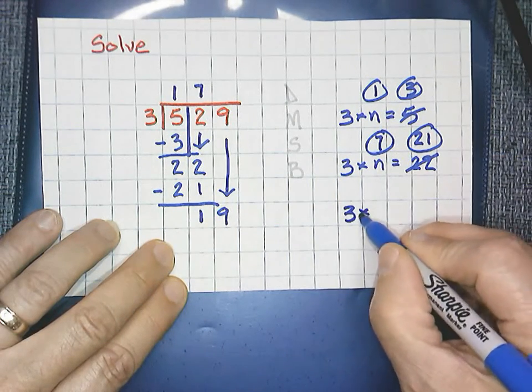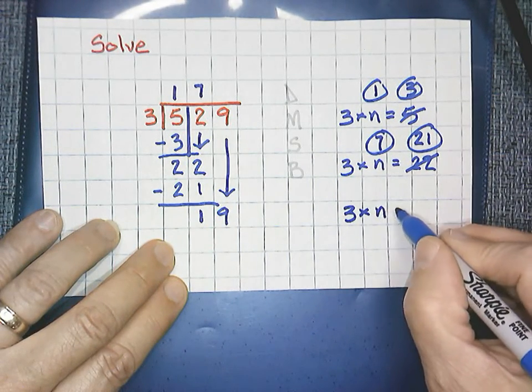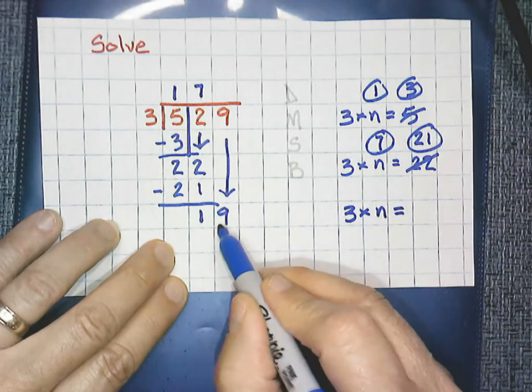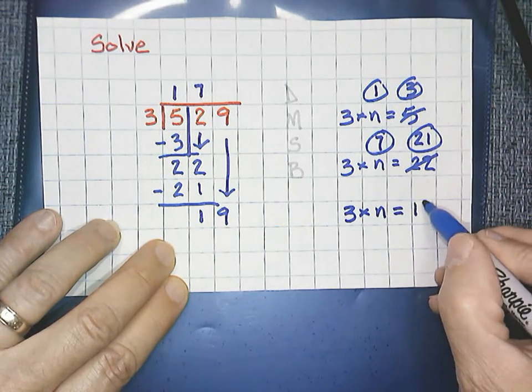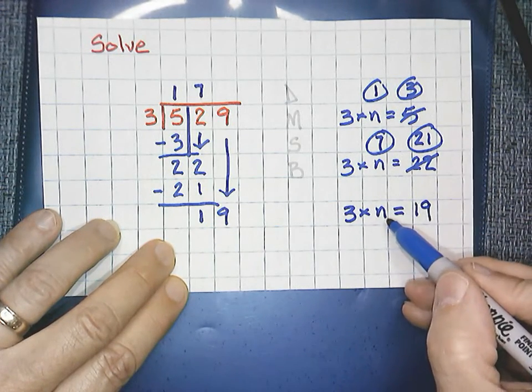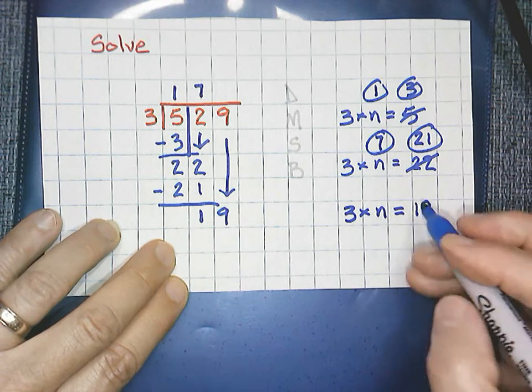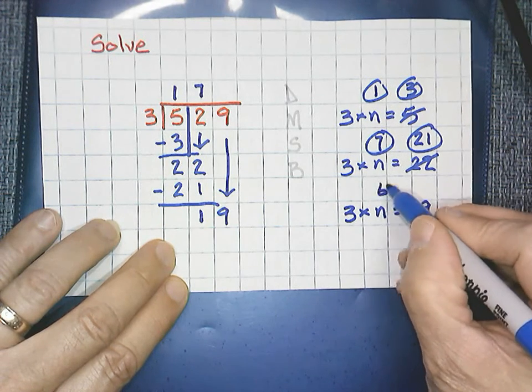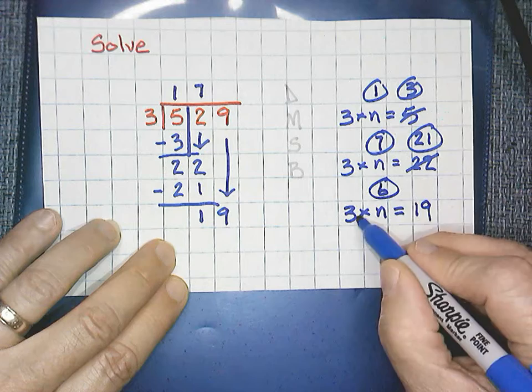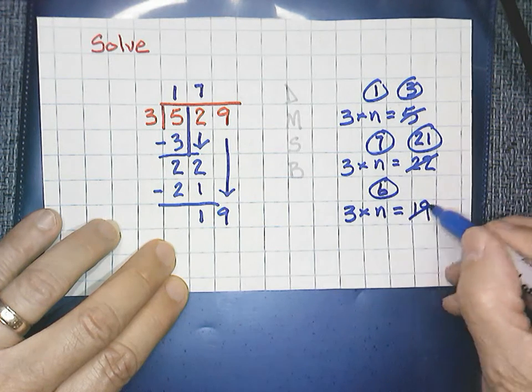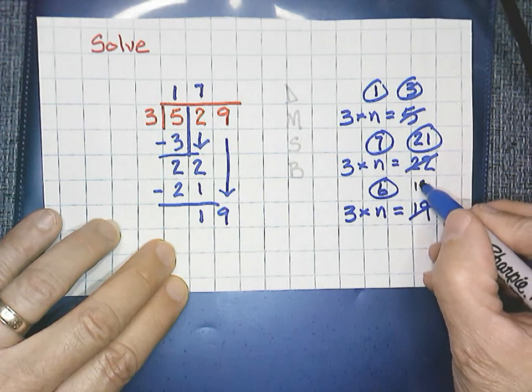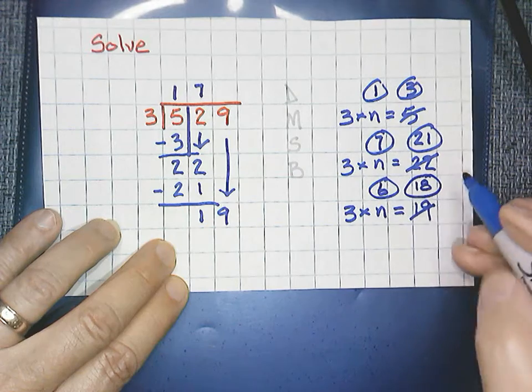I'm going to use multiplication. 3 times n equals 19. And I'm going to solve for n. The best I can do for n would be 6. 3 times 6 does not equal 19, though. It actually equals 18. That's the closest I can get.